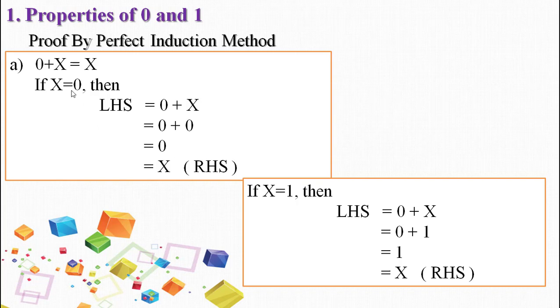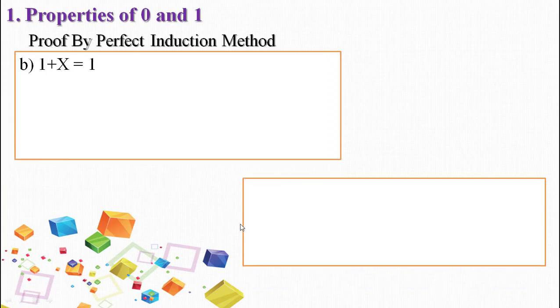If you have taken 0 here, the value of x will be 1. Then take the LHS part, substitute the value of the assumed variable into the expression, perform the operation, addition or multiplication, whatever it is, and match with the resultant value, that is the value of RHS. So now, taking the next example, try it out by yourself, pause the video and try it out.